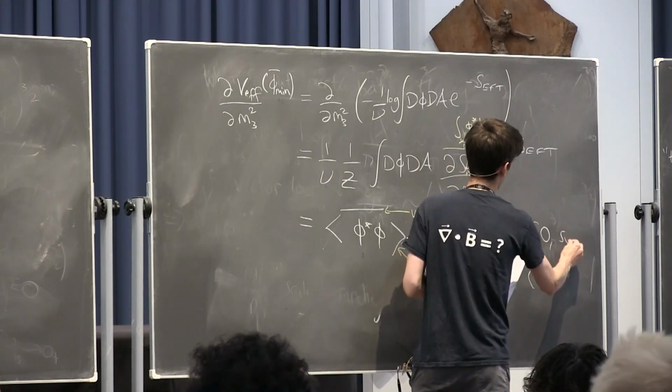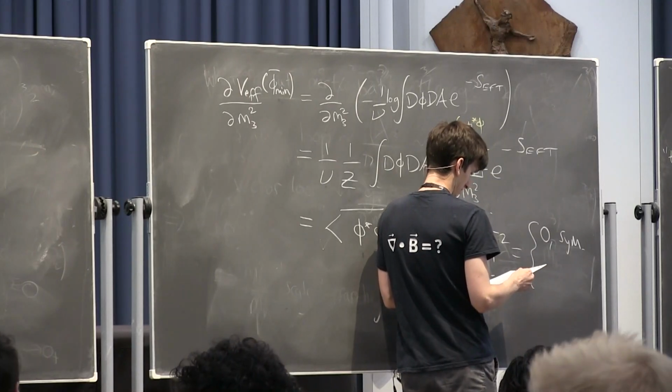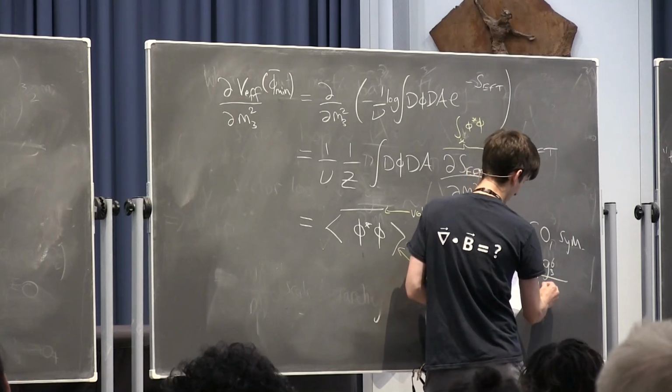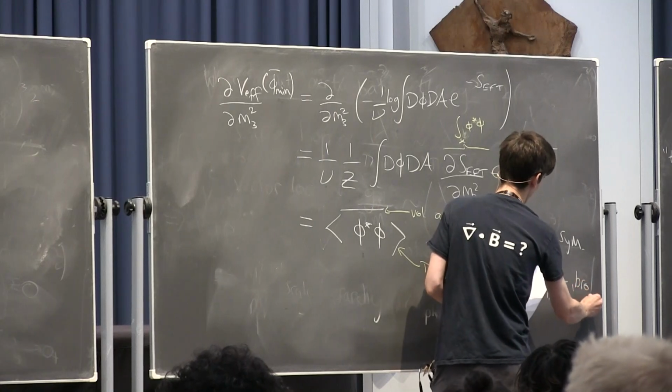So it's 0 in the symmetric phase. And what is it in the broken phase? G3 to the 6 on 18 pi squared lambda 3 squared in the broken phase.